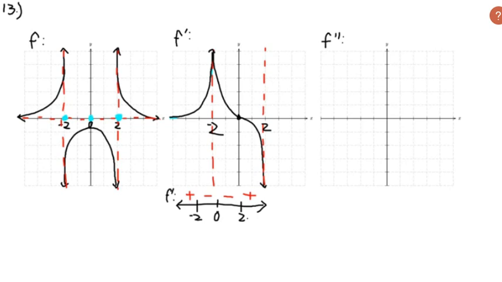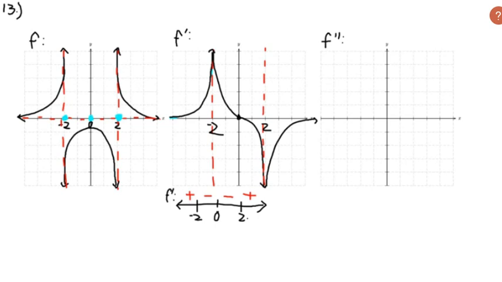As you can see, the slope starts off really steep, and as it approaches infinity, it gets shallower and shallower, almost approaching zero. Therefore, it will be negative going to infinity, like that.